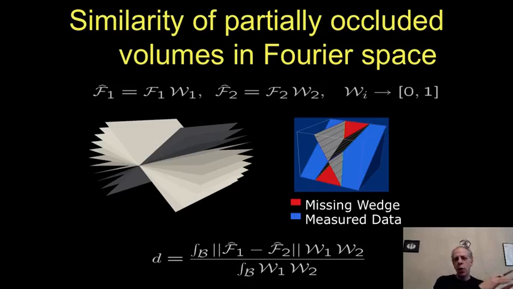So basically, you take the signals into a different domain, the Fourier domain, and in that domain, you do this calculation. It's very convenient to do that for computational reasons. It's also very convenient because it's very easy to represent the wedge, the missing information, there. So we have this distance, which is a Euclidean distance, but weighted for the regions where we have common information.